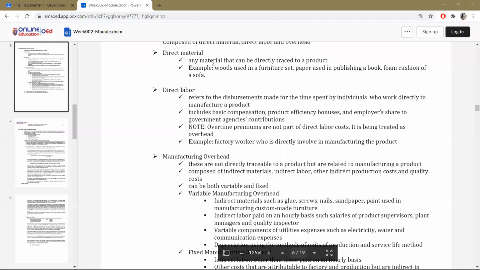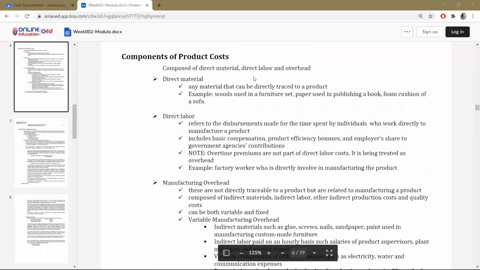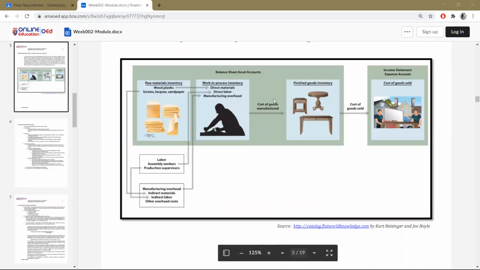So direct material is any material that can be directly traced to a product. Here, can we still see the wood in the table? Of course. Can we still see the rice? Of course. Can we still see the screw?